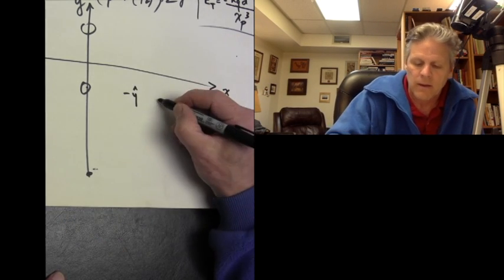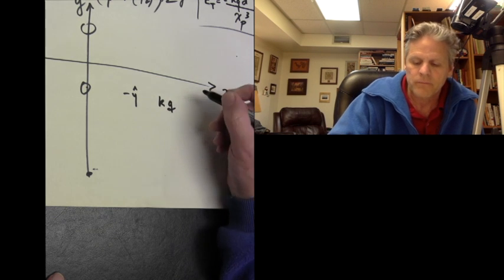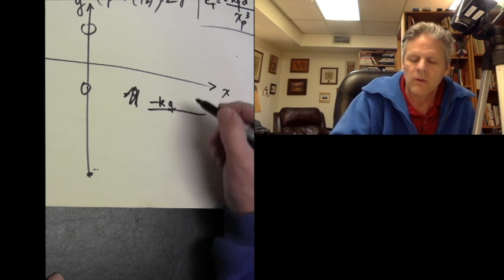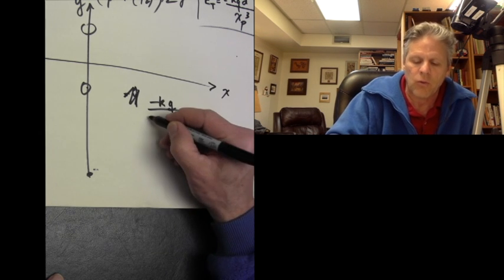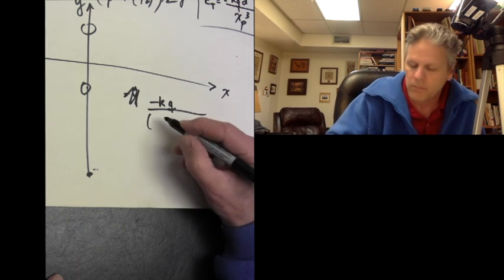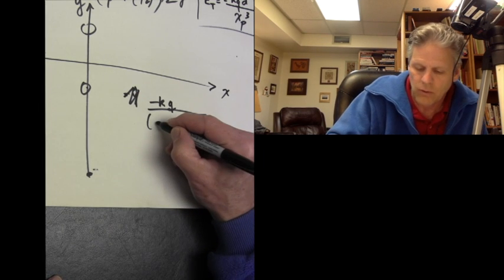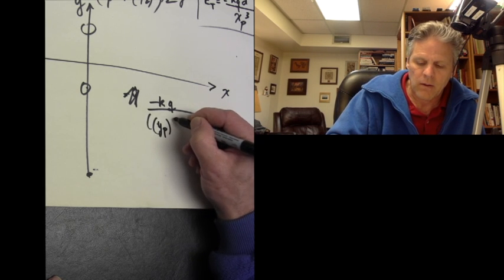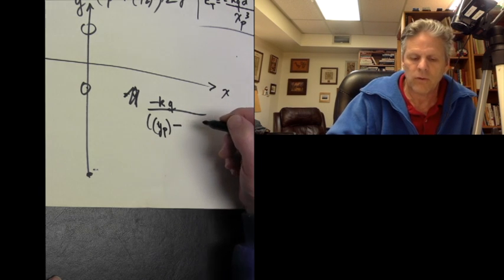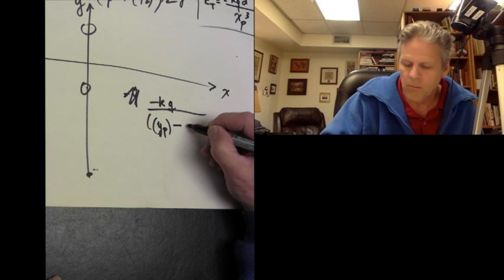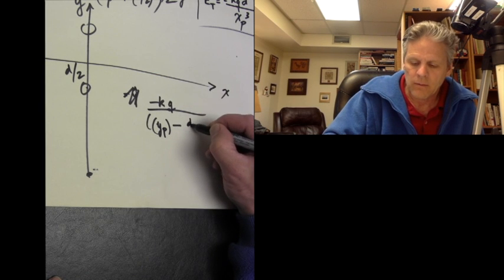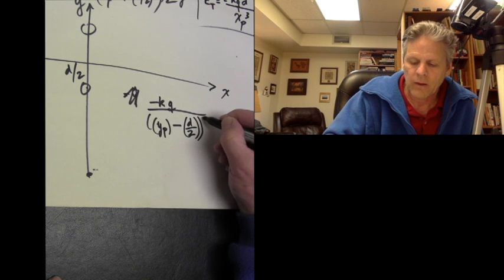So, what do we have? We have K, Q, over, let's see, I'm going to do E minus first. E minus is minus KQ over Y sub P minus D over 2, squared.